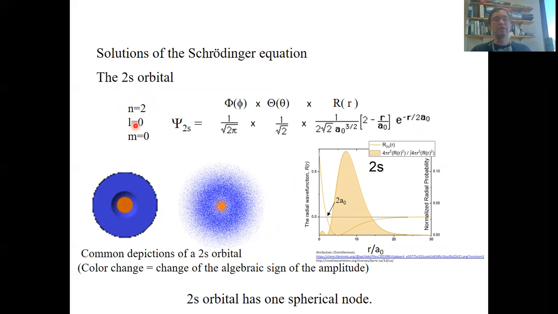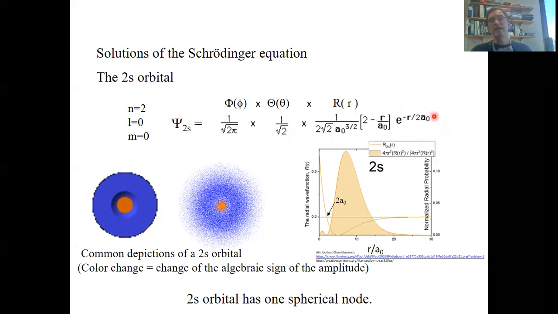Because it's an s orbital, the quantum number L is still equal to 0, and the quantum number m is equal to 0. So again, when you plug in these quantum numbers into the general solution for the Schrödinger equation and calculate, you arrive at the wave function for the 2s orbital, which is shown here.